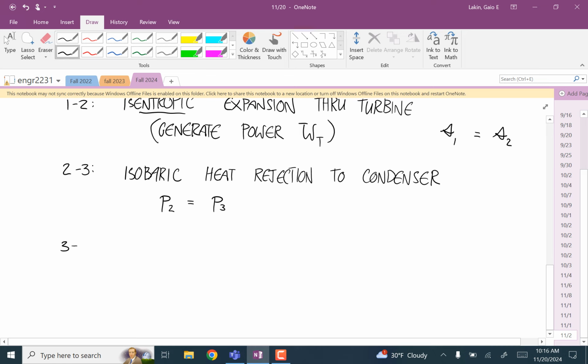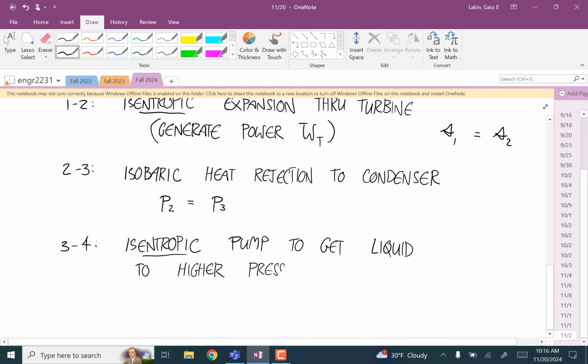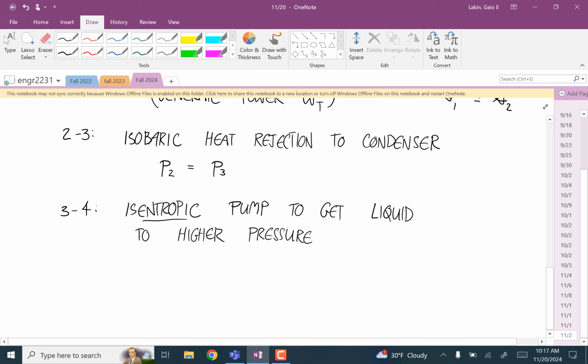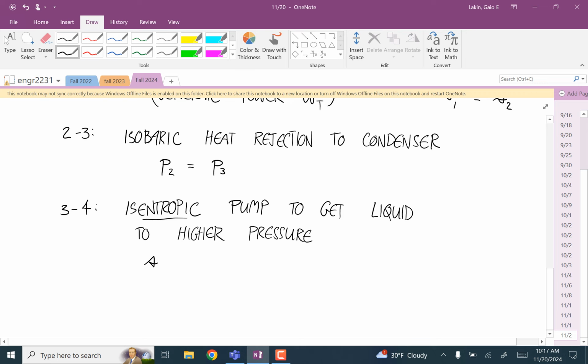Then from state 3 to state 4, we have another isentropic process. So this is an isentropic pump to get the liquid to a higher pressure. And so we know that specific entropy at state 3 is equal to specific entropy at state 4.